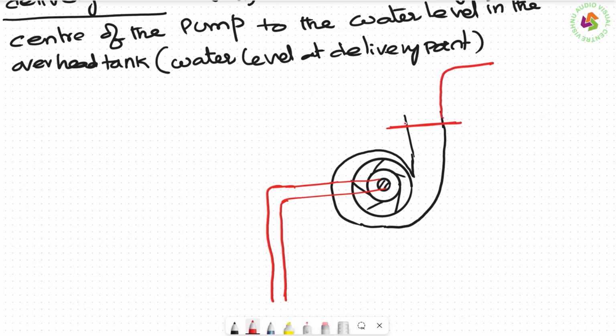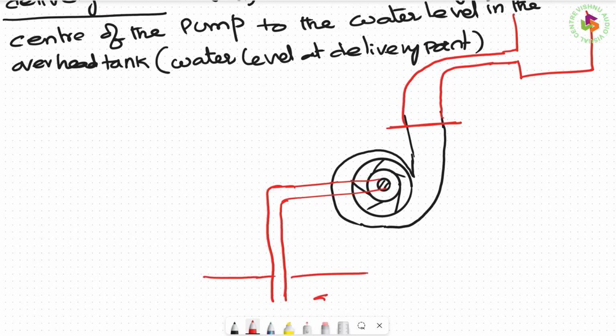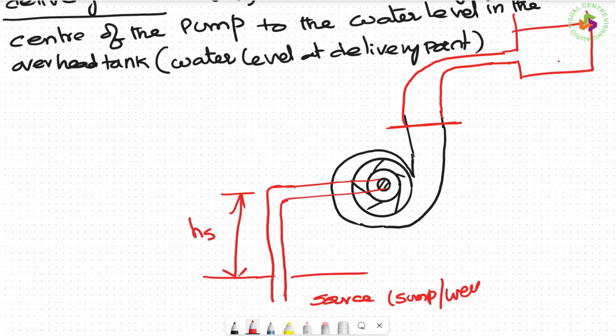From there, it is delivering to a point. So this is the source of water, that is a sump or well. From here to this is what we call as HS. And again, this water level, this is the delivery tank.